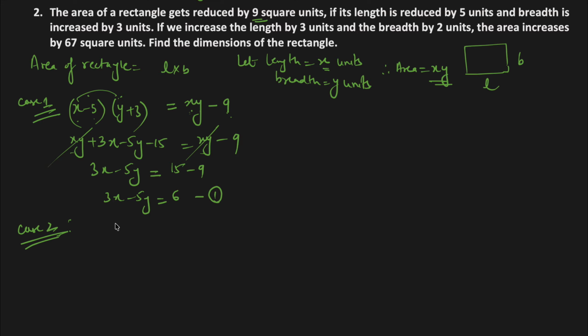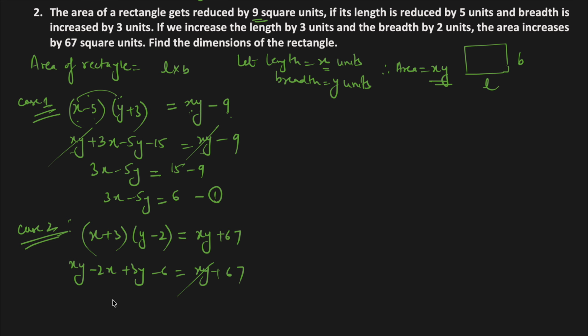What is happening in case 2? If we increase the length by 3, length increased by 3 units, breadth decreased by 2 units, area is increasing by 67. Clear? Again, let's multiply: xy minus 2x plus 3y minus 6 is xy plus 67. xy again cancels out, so minus 2x plus 3y, 6 will go there, so 67 plus 6, same thing.